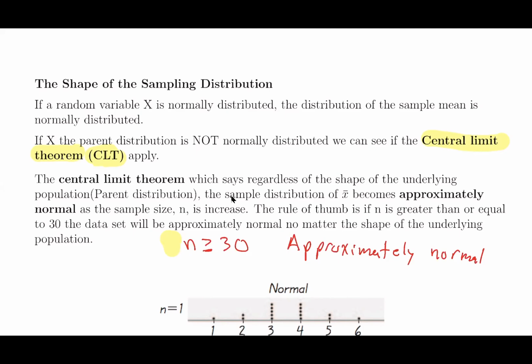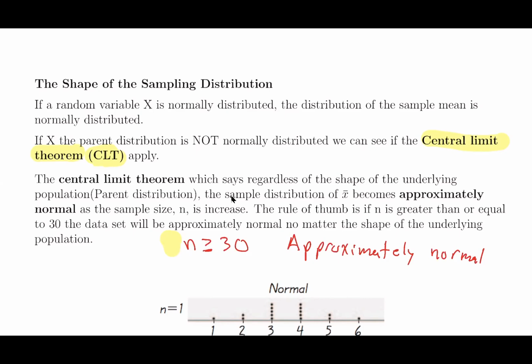All right. So one thing about the central limit theorem: you only apply it if the distribution is not normal. If I already know the distribution is normal, it doesn't matter what my sample size is. The new distribution will always be normal if my distribution starts off as a normal distribution.